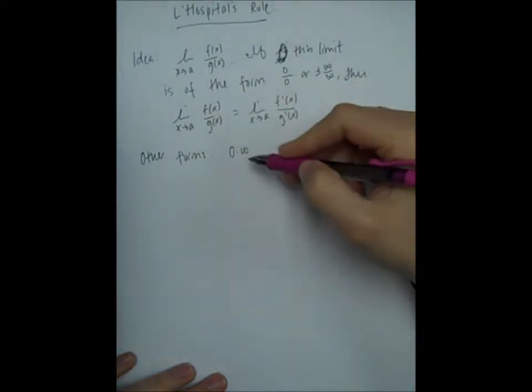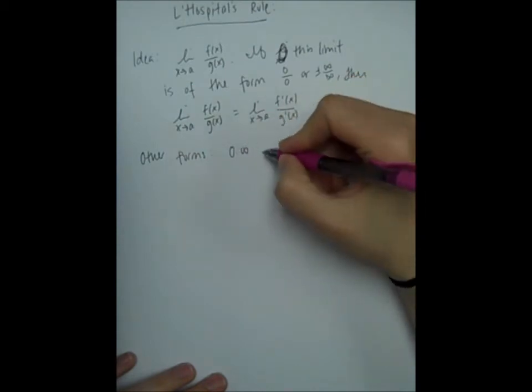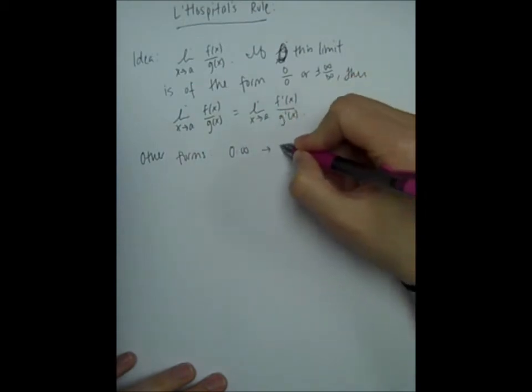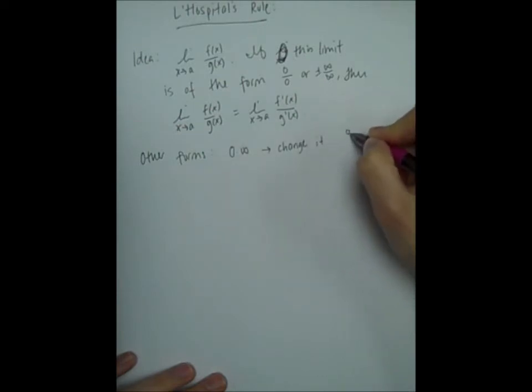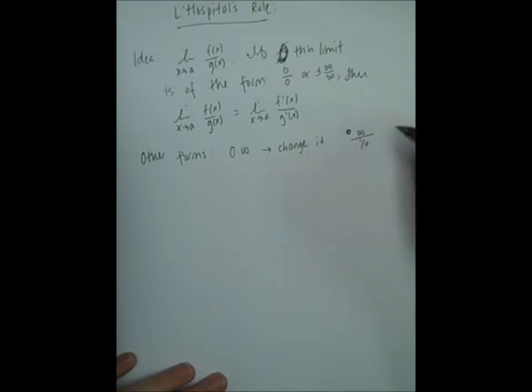So you might have a product. If this is the case, change it to be infinity over 1 over 0. Now you don't have to do that, but that's one thing we can do.